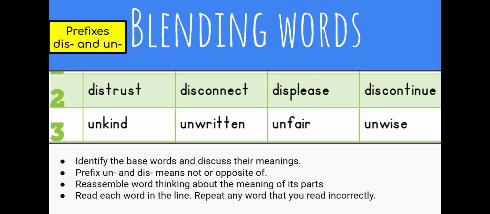So when I add dis to the base words trust, connect, please, continue, I need to think of what this new word means. Okay, take about 10 seconds on your own to think about what these new words mean. How does the prefix dis change the meaning of trust, connect, please, and continue?